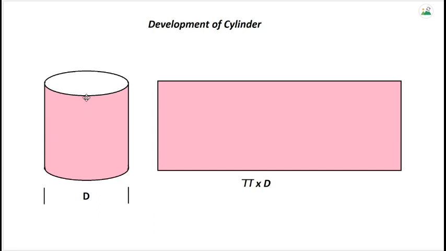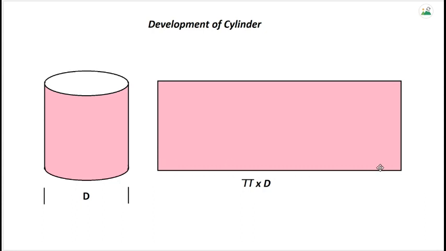For example, suppose this is a cylinder and we want to wrap one piece of paper around it. Then you will have to start with some point. For example, from here you start, wrap it around and come back here. Now if you open that paper or metal sheet, it will have this type of rectangular shape.